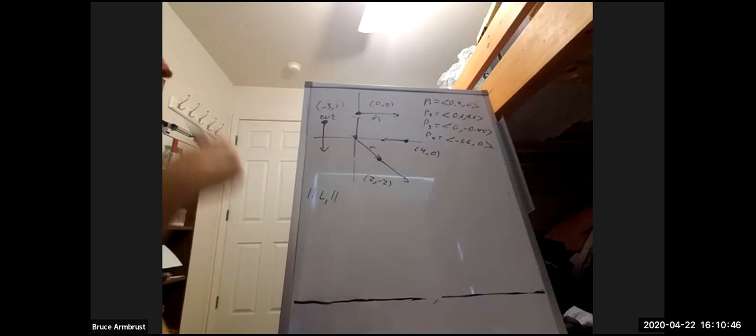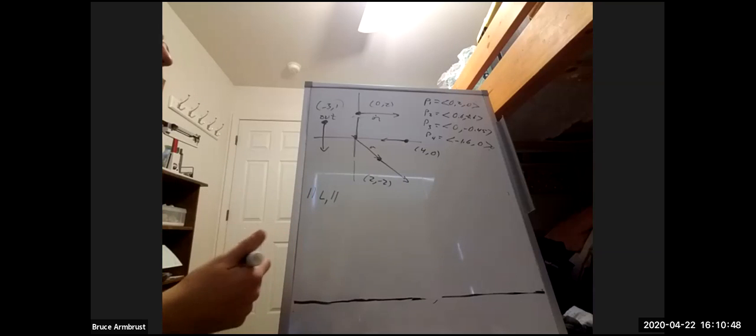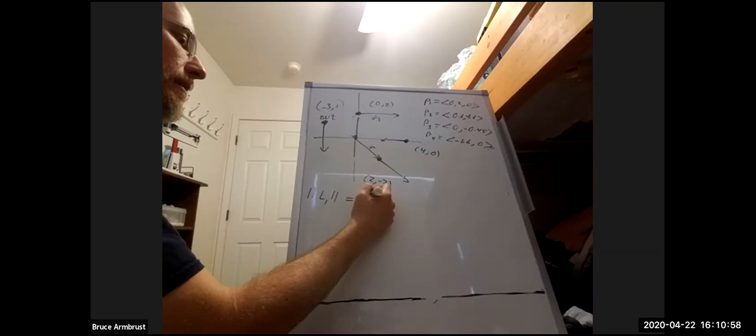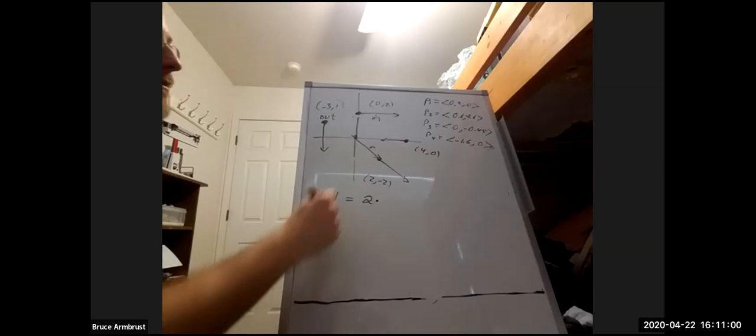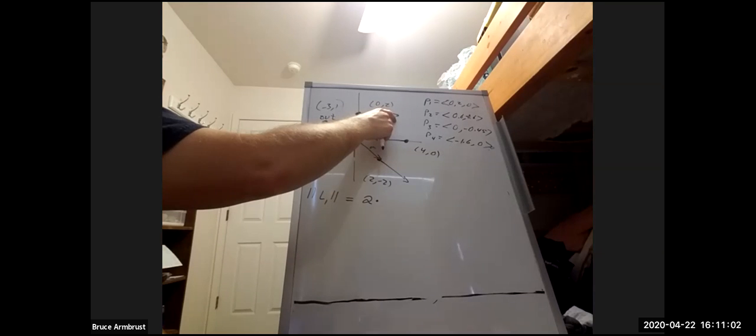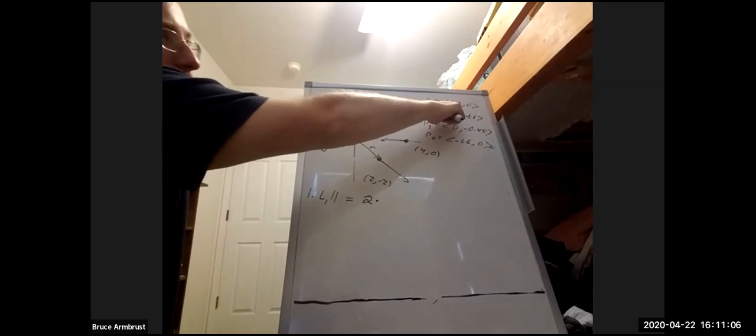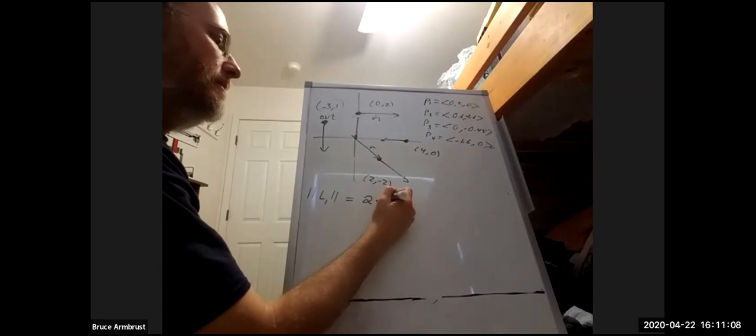So if we think about the magnitudes and the angles in between them, R is length 2, because we're 2 units away. The magnitude of the momentum vector is going to be 0.2.